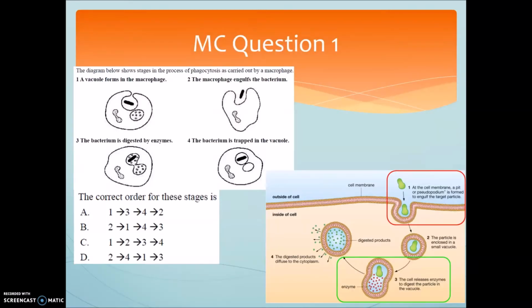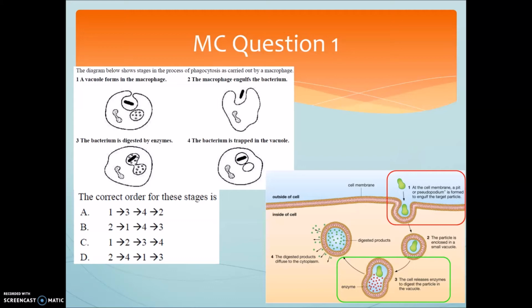For question 1, we did it three times already. The first time was in the assignment, the second time in the quiz, and this is the third time for the phagocytosis question. So I just want to highlight the very important processes in phagocytosis.